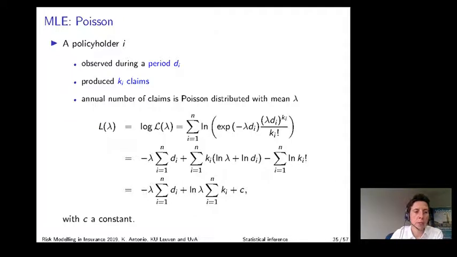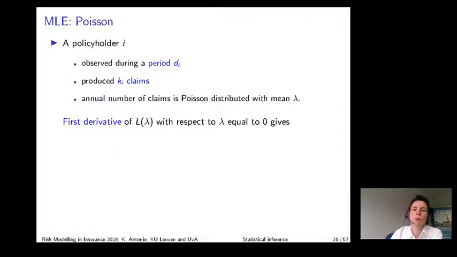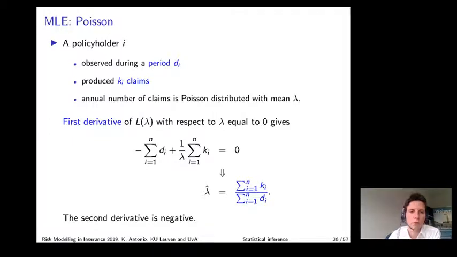So here's what you get, and you're going to take the first order derivative of the log likelihood with respect to lambda. You're going to put this score function equal to 0 and solve for lambda. That would give you the expression for the maximum likelihood estimate of lambda for this particular given dataset.